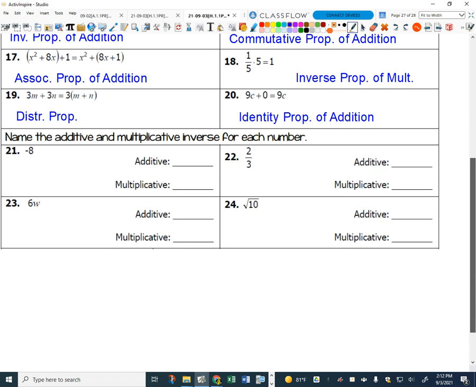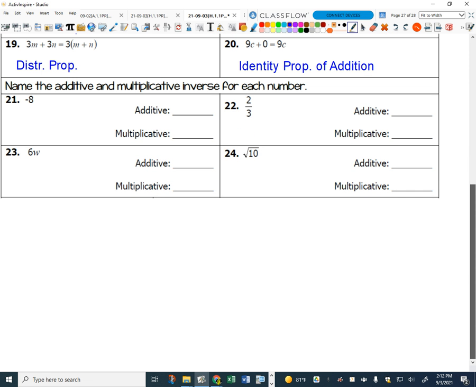All right, so last little bit. Name the additive and multiplicative inverses for each number. So what's the additive inverse of -8? 8. Good. And remember, the additive inverse is the same thing as the opposite, right?